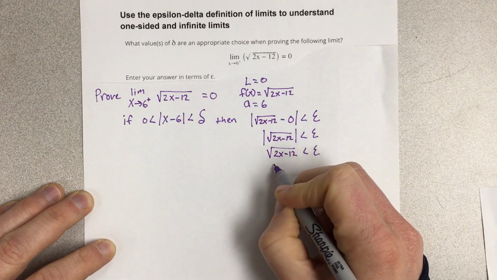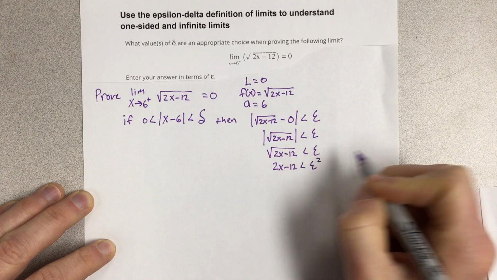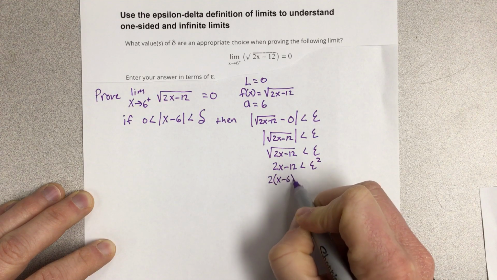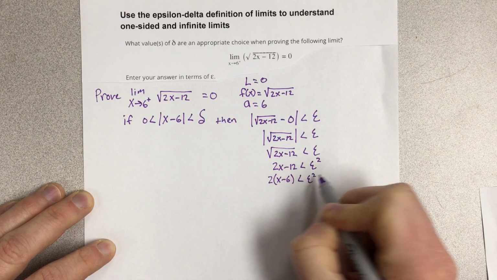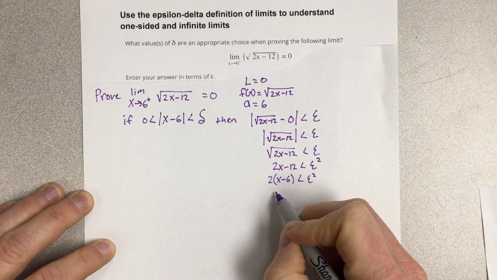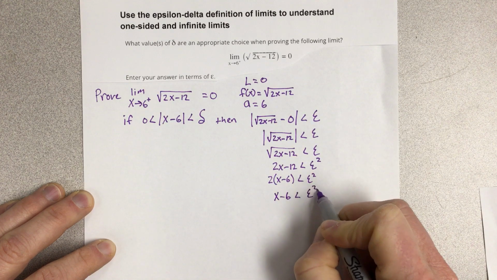Square each side, and we get 2x minus 12 is less than epsilon squared. Factor a 2 out, and we get 2 times x minus 6 less than epsilon squared. Then divide by 2 on each side, and we end up with x minus 6 less than epsilon squared over 2.